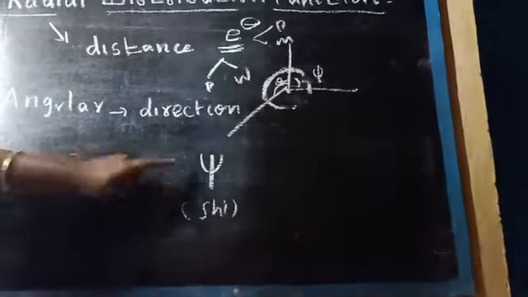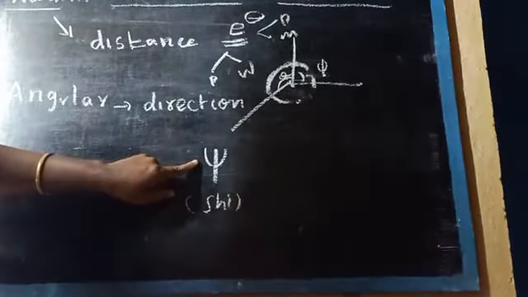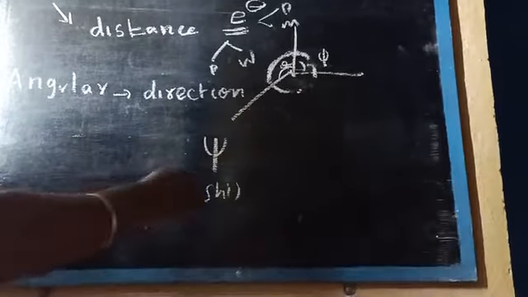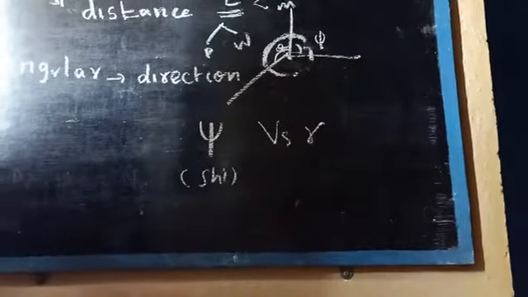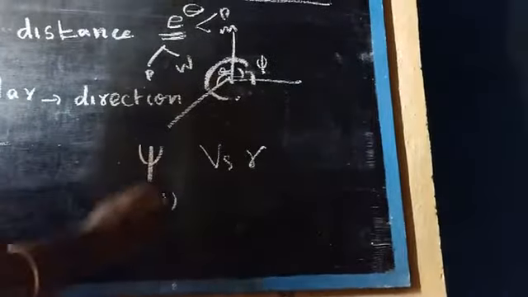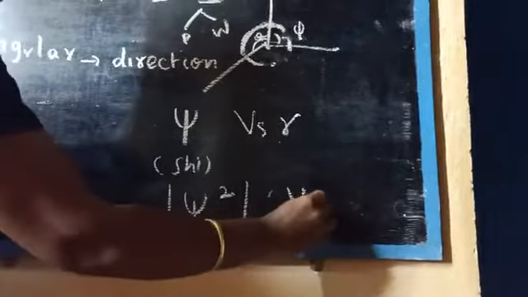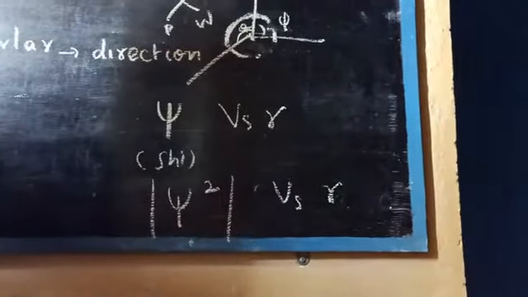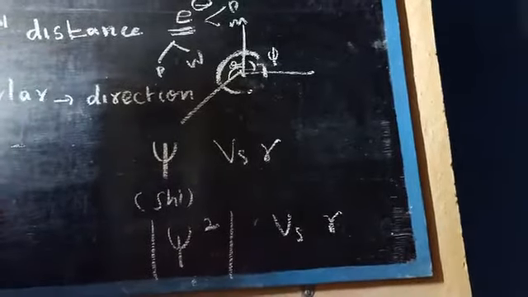Psi means the wave function of an electron; the electron has wave nature. Now with psi versus r, we cannot get a clear idea about the distance. But when it is squared, that is psi square versus r, we get a graph that gives a clear idea about the distance.